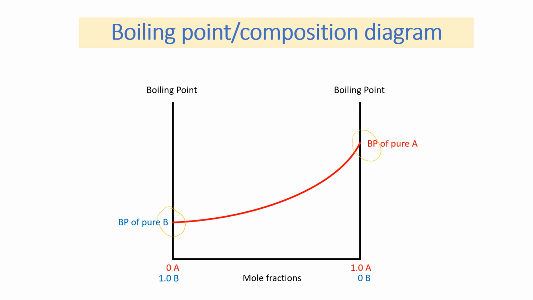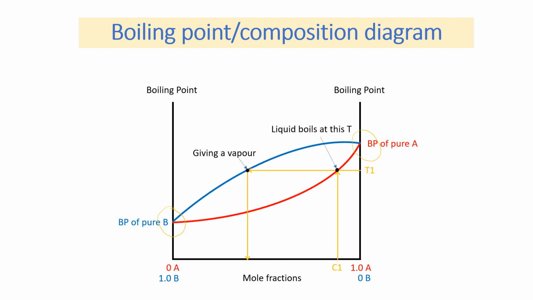And this diagram also shows what happens if we boil a mixture of A and B at point C1 and at a particular temperature, which is T1. So here is the point where the liquid boils at this temperature, and then the liquid will turn into a vapor at this point, and then condensation happens, so we can collect the composition of this mixture at C2.